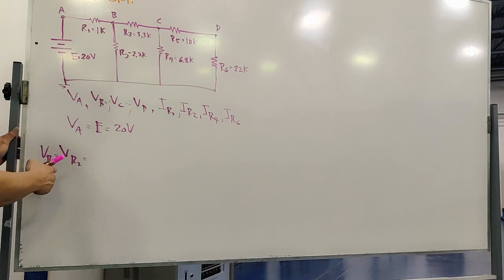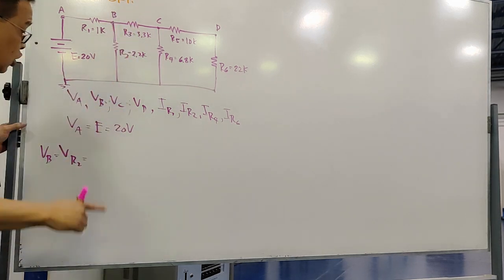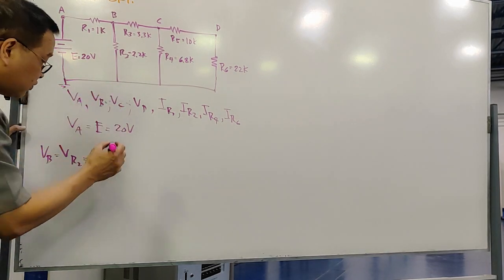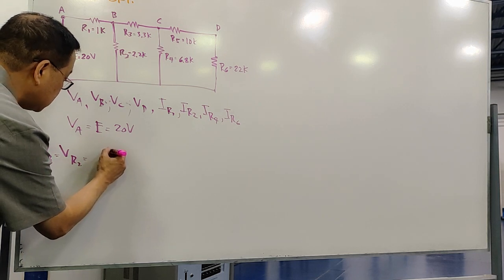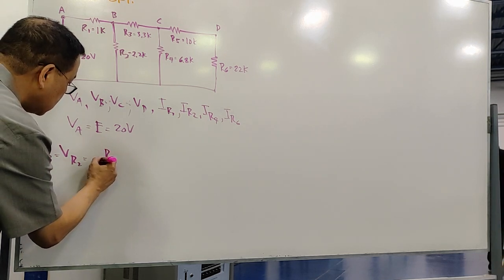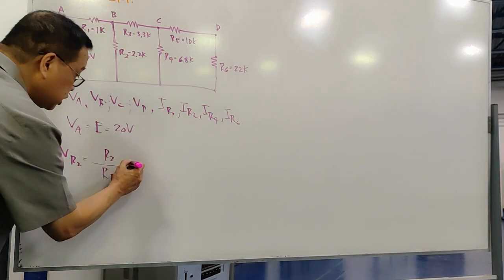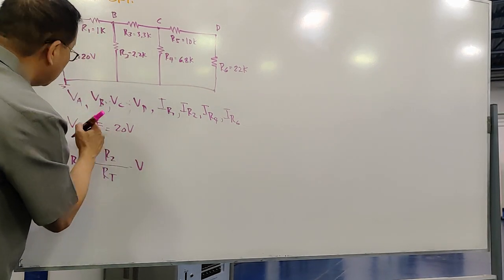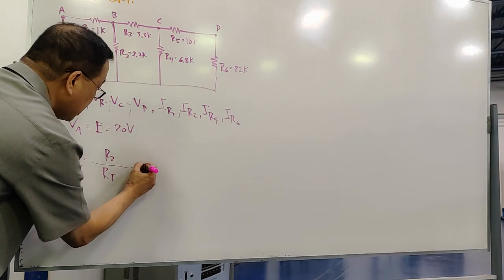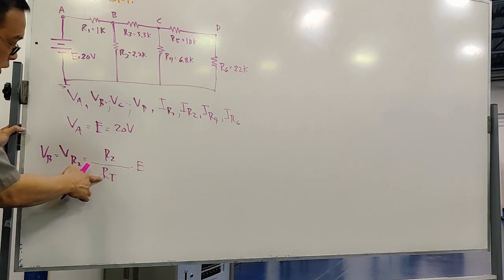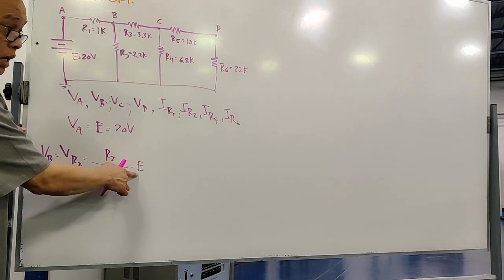We know VR2 is just equal to VB. By applying the general divider rule formula, VR2 is equal to R2 over R total, multiplied by the source E. Do we have E?